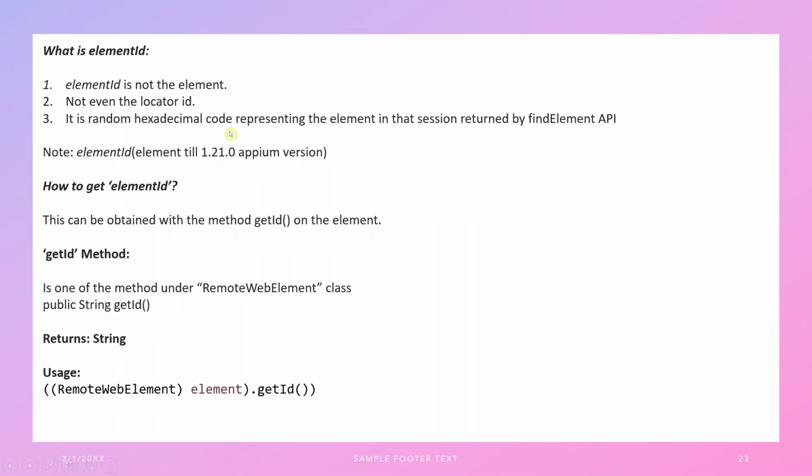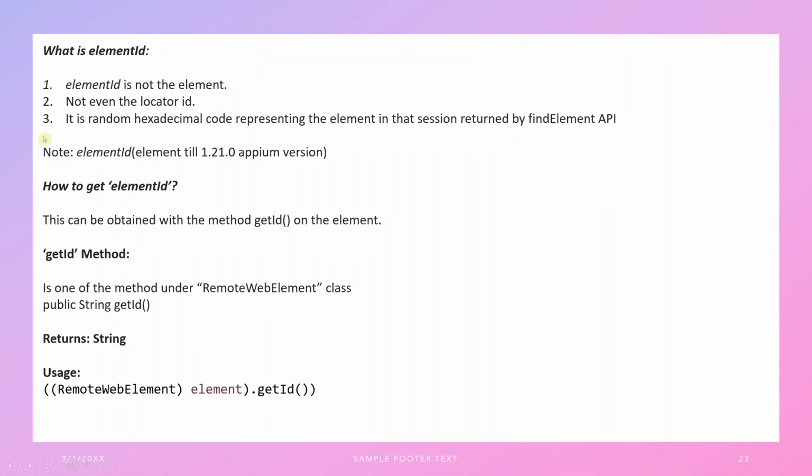Element ID is nothing but a random hexadecimal code representing the element in the session, returned by the findElement API. The findElement API will return the element, representing it in a random hexadecimal code. We'll see what the random hexadecimal looks like in our video.